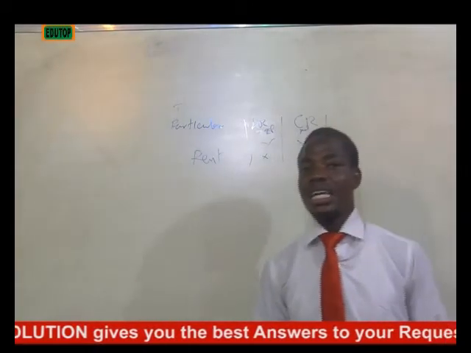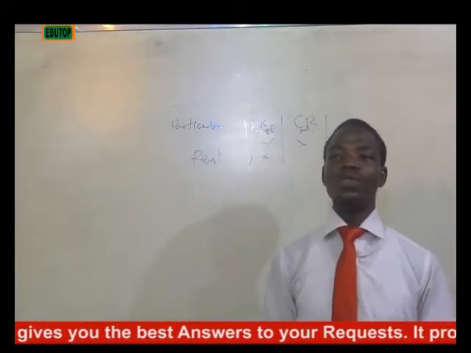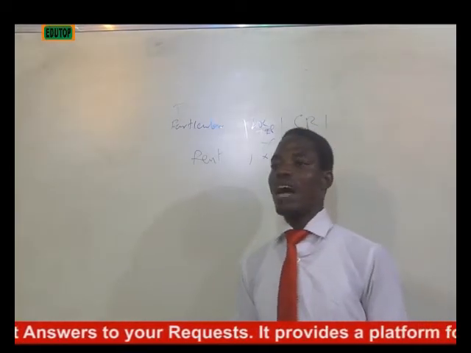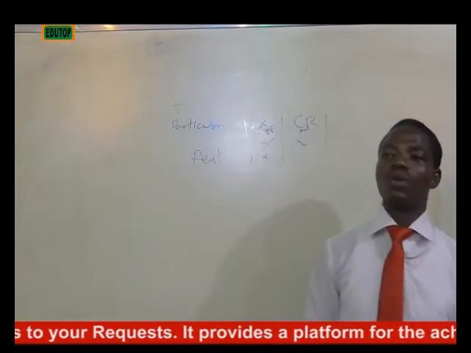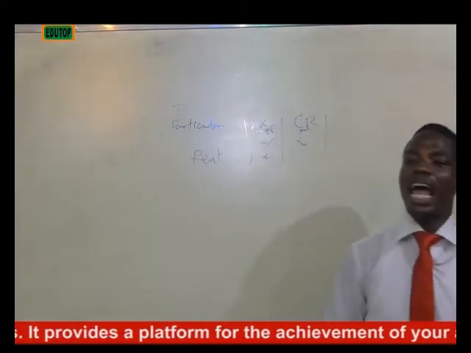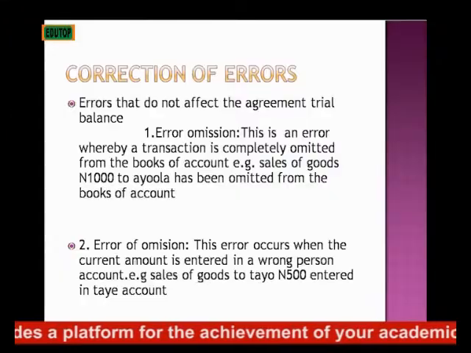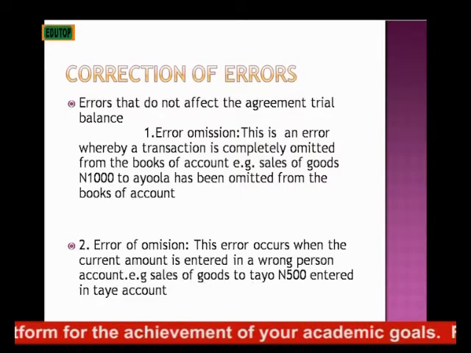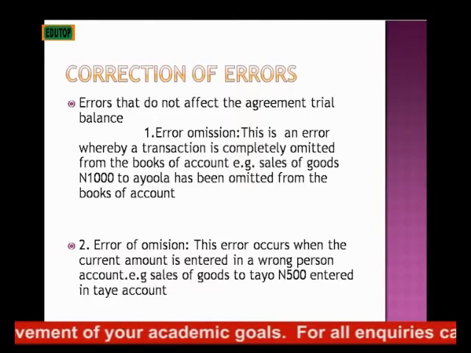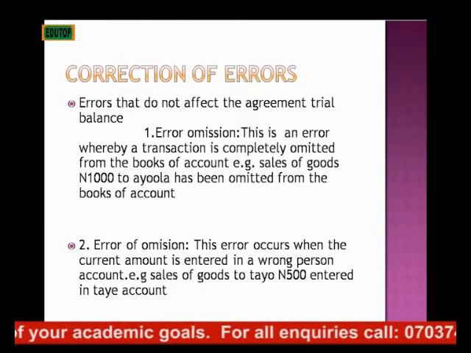You know that we cited some examples on how to correct our errors using a journal, which we are going to apply here as well. So the error that does not affect the trial balance is the error of omission. This is an error whereby a transaction is completely omitted from the books of account.